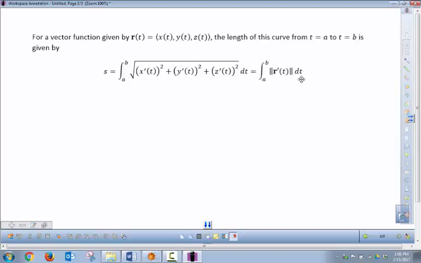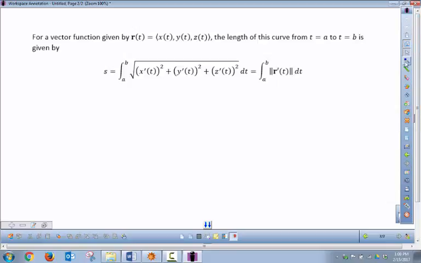Find the magnitude. If you can describe your track as a vector valued function like this, you just find the magnitude of the velocity vector and then come out with a track. So this gives the arc length formula.